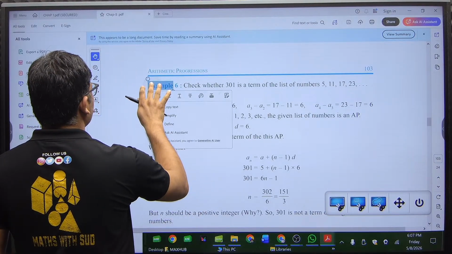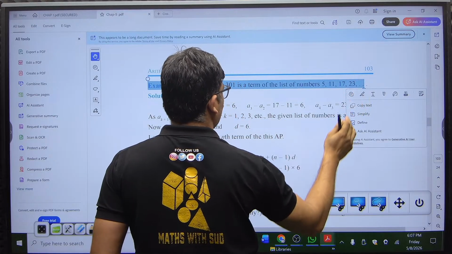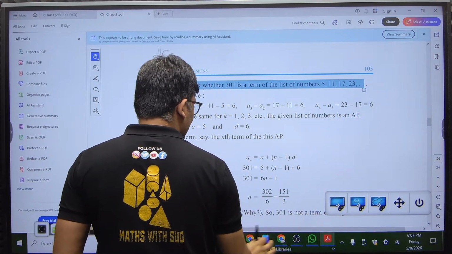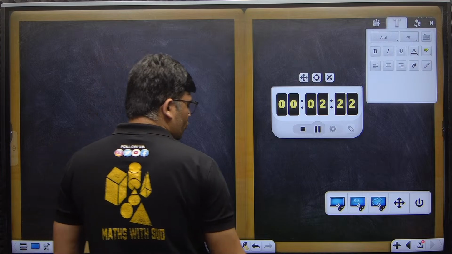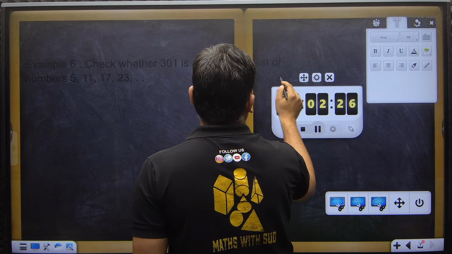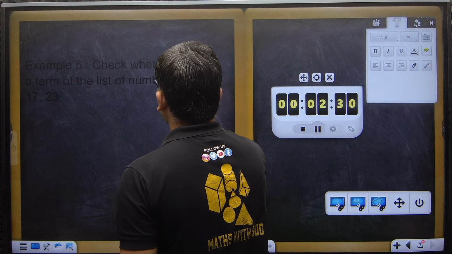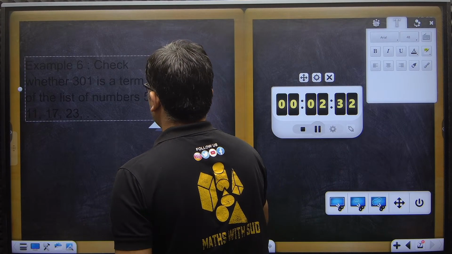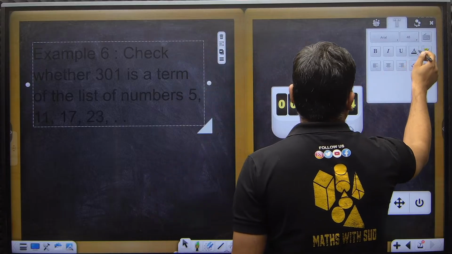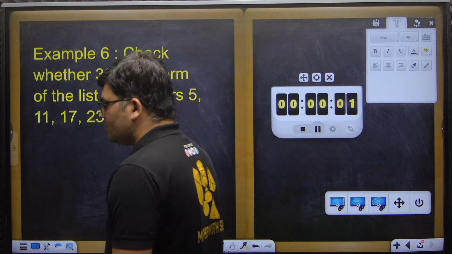Example 6. The same question as we have done already, the question of checking whether a number is a term of the AP or not. I want everybody to do this by yourself.